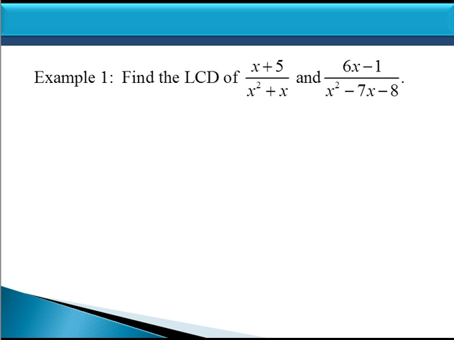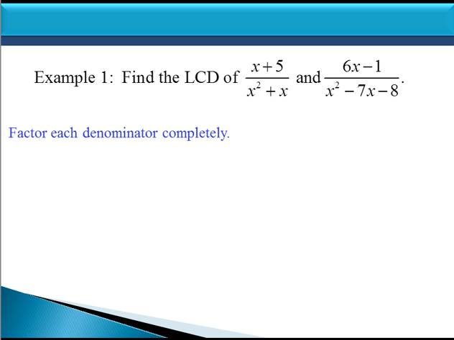Here we want to find the least common denominator of these two rational expressions. Remember that your first job is to factor each of the denominators completely. When we do these factoring problems, you might want to pause the video just to practice your factoring skills.